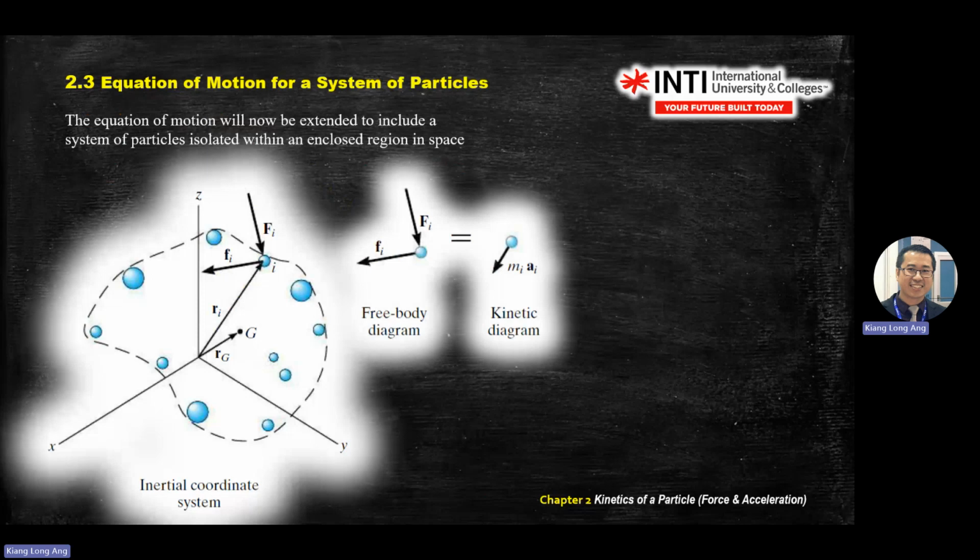For the starting, we will split the two, left hand side and right hand side. As we move further, we will combine these two in one diagram. On the left hand side, you always deal with the force. On the right hand side, you deal with the kinetic.